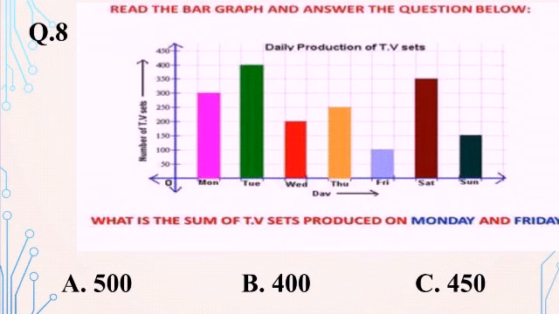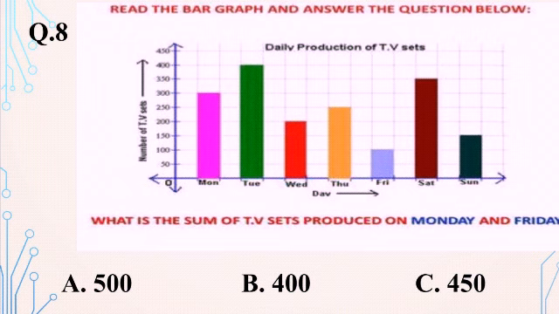Now we have come to the 8th number question. Read the bar graph and answer the following question below. One question is given here, that is, what is the sum of TV sets produced on Monday and Friday? So here it's a bar graph, and in this bar graph the vertical line denotes the number of TV sets, and the horizontal line denotes the days, means weekdays, like Monday, Tuesday, Wednesday, Thursday, Friday, Saturday, Sunday.